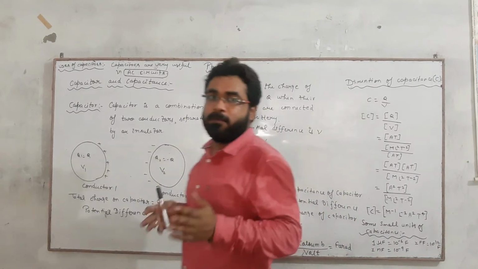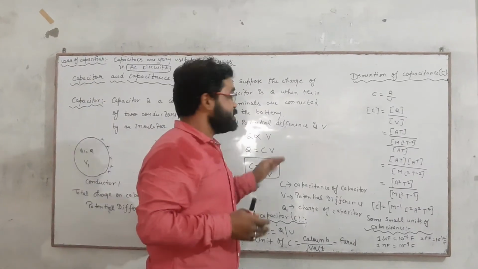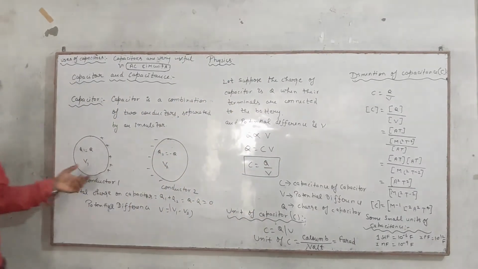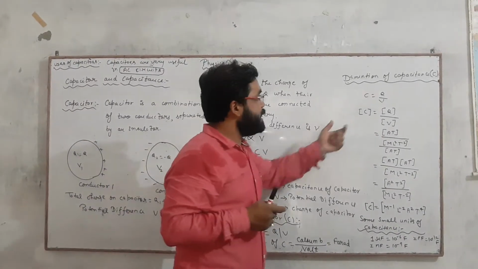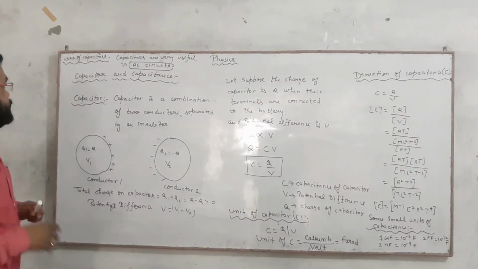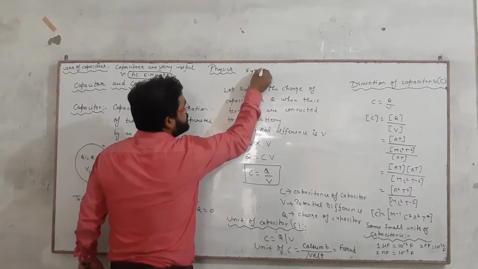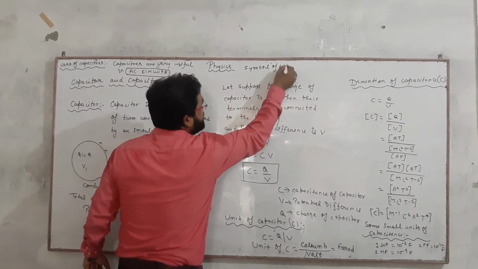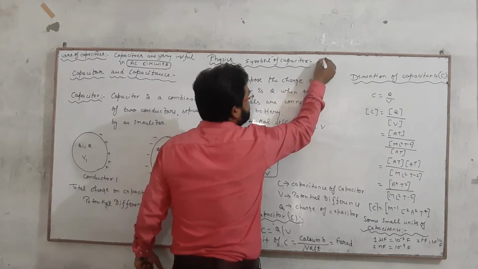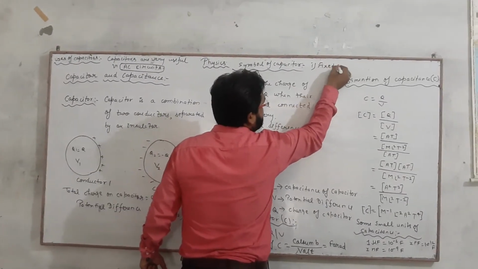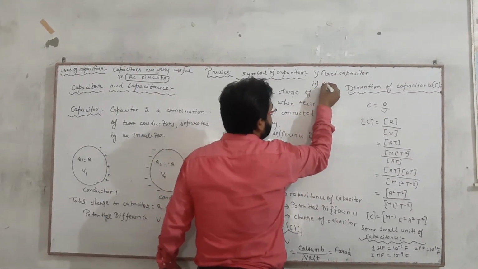If in the board exam a question comes, what is a capacitor or what is capacitance, then you have to write all these things. First you have to write the definition, then this diagram, then the formula, then the unit, and then the dimension. One more thing we can write here is the symbol of a capacitor. There are basically two kinds of capacitor: one is a fixed capacitor and the second is a variable capacitor.